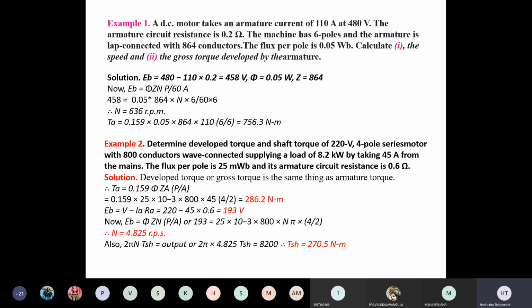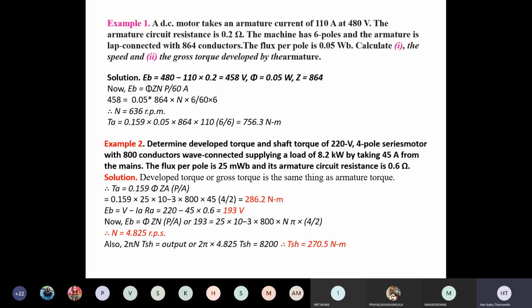Go for the second problem. Determine the developed torque and shaft torque of a 220 volts 4-pole series motor with 800 conductors, wave connected, supplying a load of 8.2 kilowatt by taking 45 amperes from the mains.